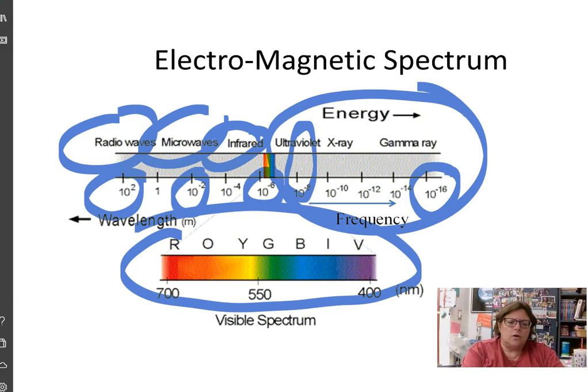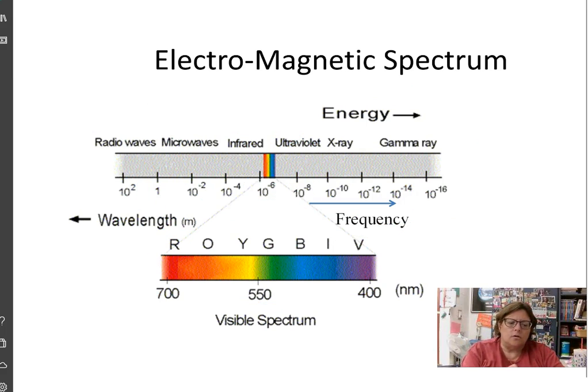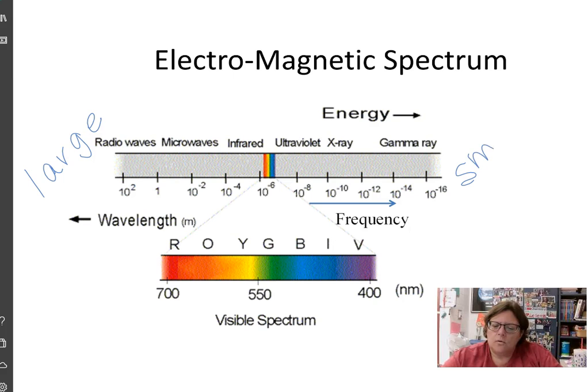Notice on this drawing that I have now written all over, this end, we have large wavelengths. This end, we have very, very small wavelengths. We already talked about this is the energetic end. Here, let me write wavelength. And that's the length of a wave from one crest to the next.